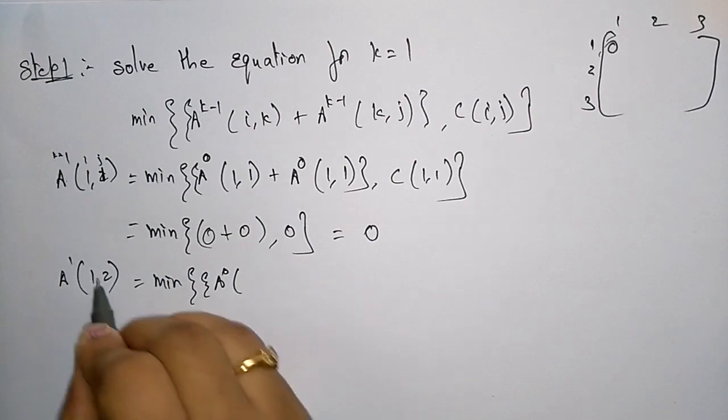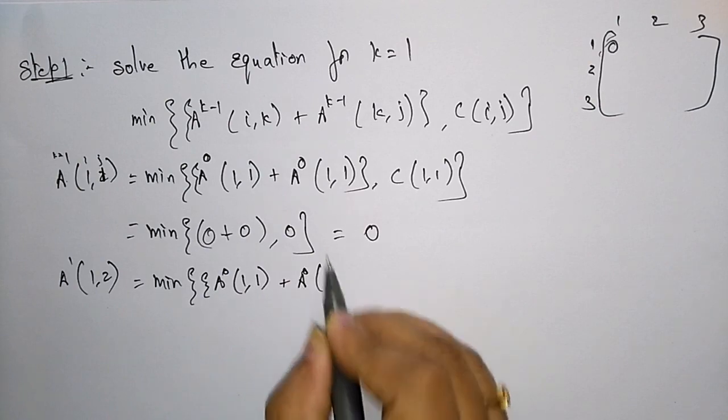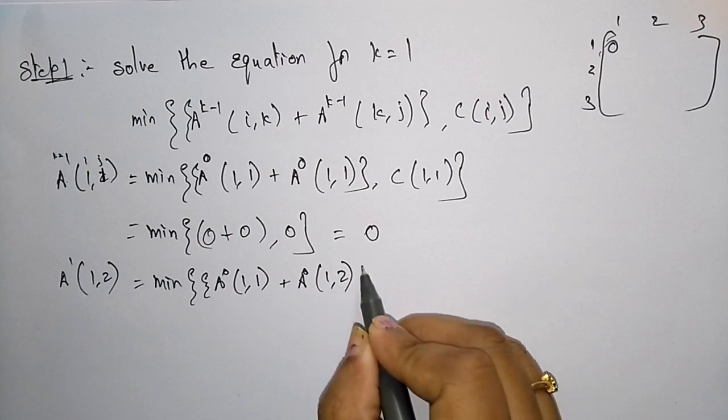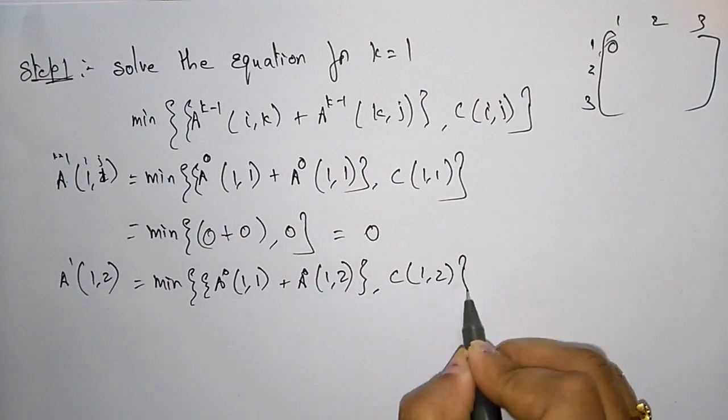Minimum of A0 with I as 1, K as 1, plus A0 with K as 1 and J as 2, comma C of I comma J, which means 1 comma 2.